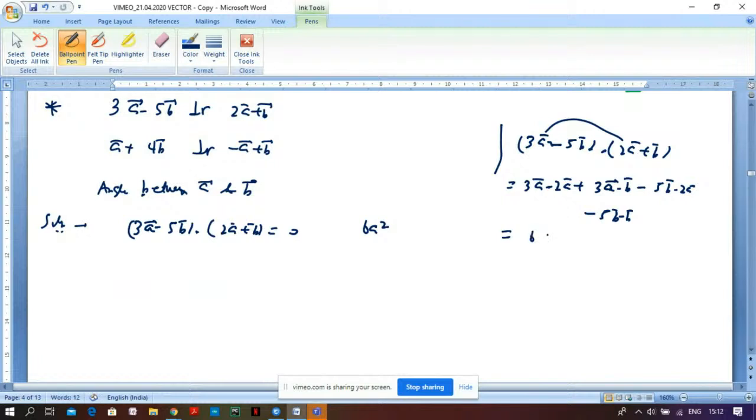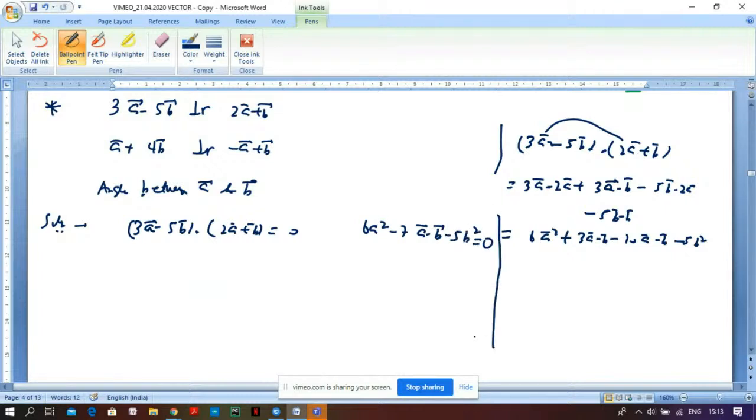So that becomes 6a squared, plus 3a dot b minus 10a dot b, and minus 5b squared. We can write this as 6a squared, and 3 minus 10 is minus 7 a dot b, and minus 5b squared equals 0.